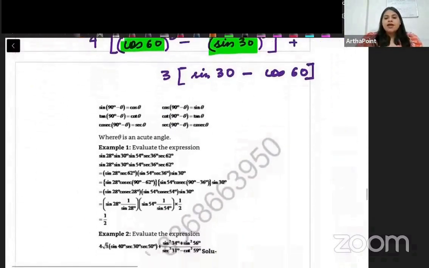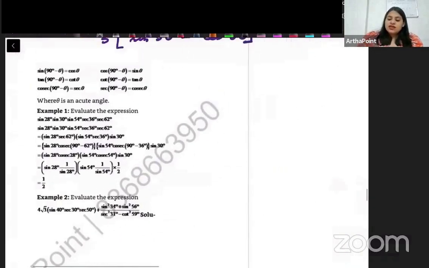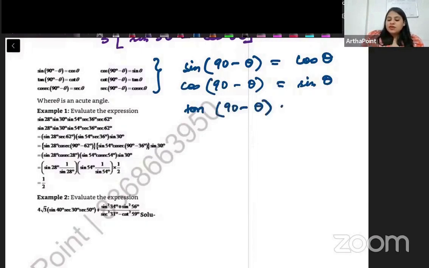Right? Now come to the next question. So these are some of the other identities that you should remember. Beta, sin 90 minus theta is cos theta. Cos 90 minus theta is sin theta. Tan 90 minus theta is cot theta.